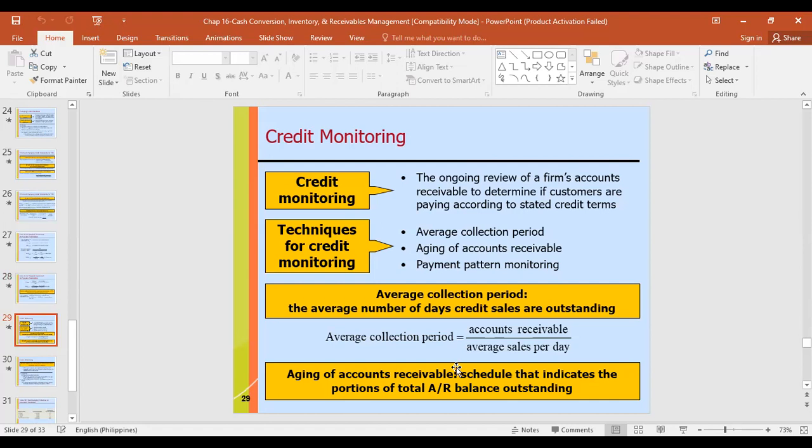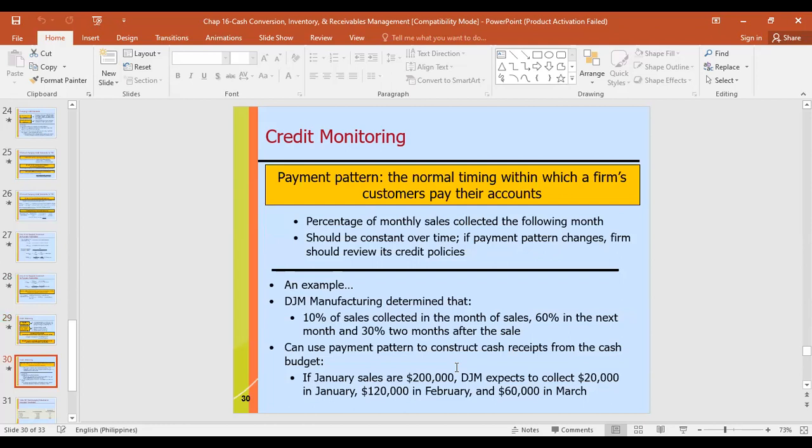For aging of accounts receivable, we will be able to see the respective outstanding days and the outstanding value of the AR balances and the percentages that they compose of our accounts receivable, plus data like what percentages of those respective components of total accounts receivable are uncollectible.